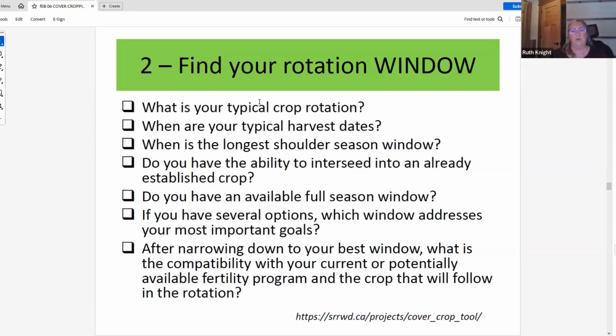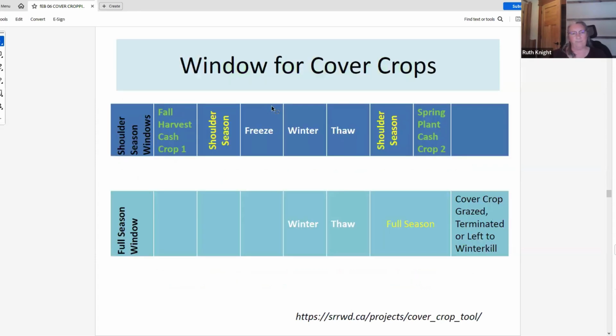But if your following crop is really hungry for nutrients, that's a consideration in terms of the cover crop that you're going to choose. And also, it's obvious that water constraints will really impact the window in which you're working.